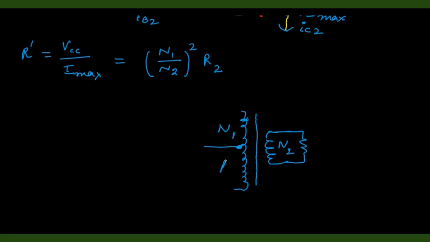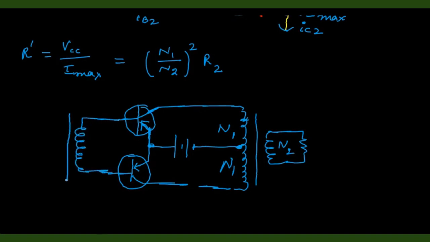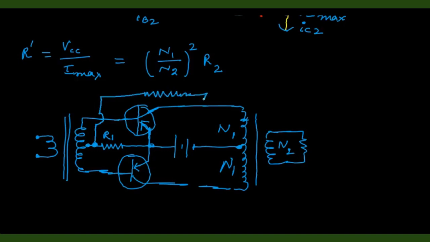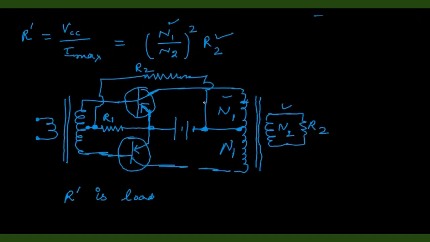R dash is the exact load, which is VCC over I max, and equals N1 over N2 whole square times R. R dash is the load.